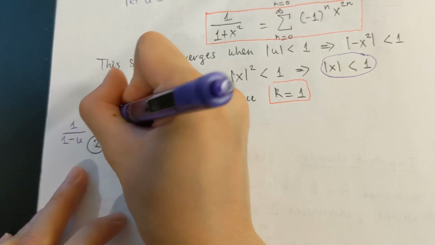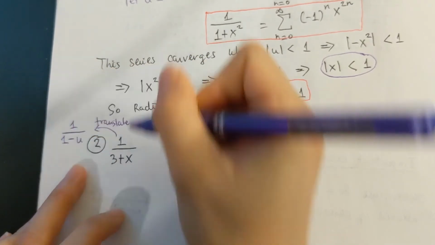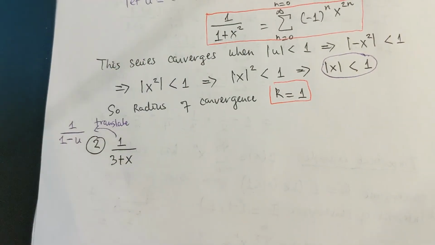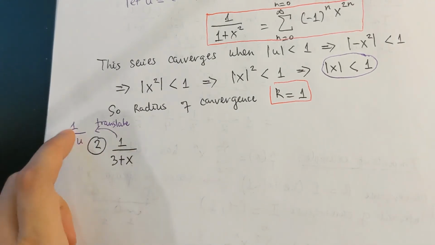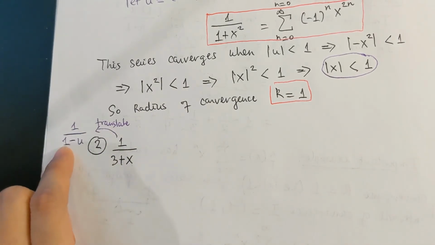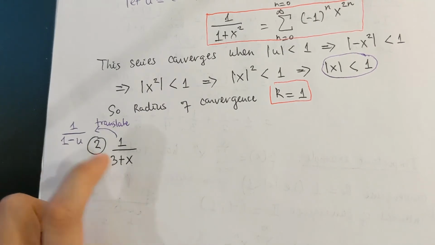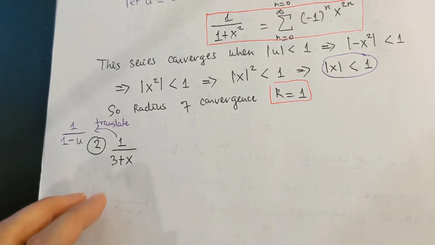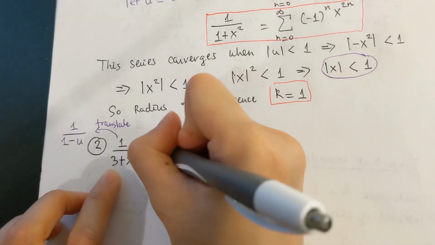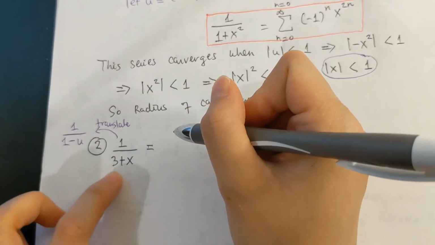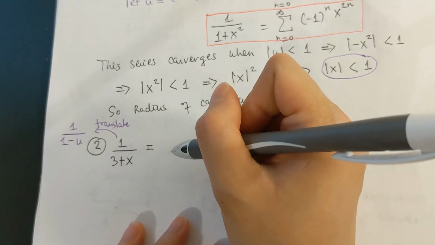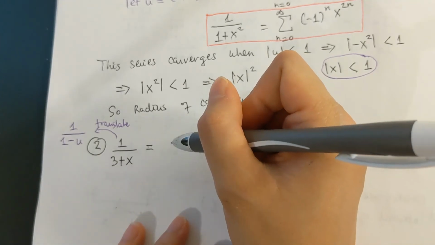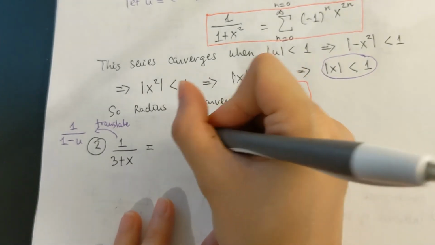So somehow I have to translate this form to this form. The top matches up. The problem is the two numbers in the bottom don't match up. So let's take care of the 3. How do I make the 3 become a 1 here? Well, let's factor out the 3 so that we get the 1.